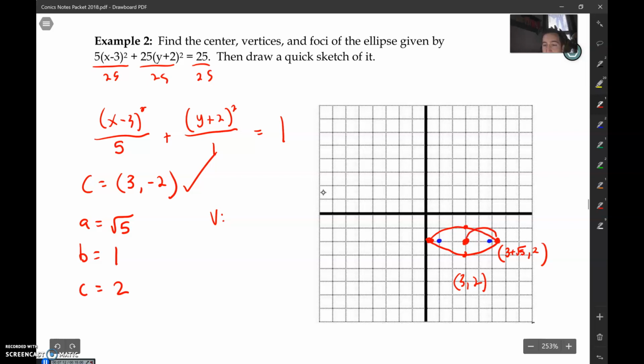We added root 5 to get there, so 3 plus root 5, and then 3 minus root 5. So our 2 vertices are (3 plus root 5, 2) and (3 minus root 5, 2).